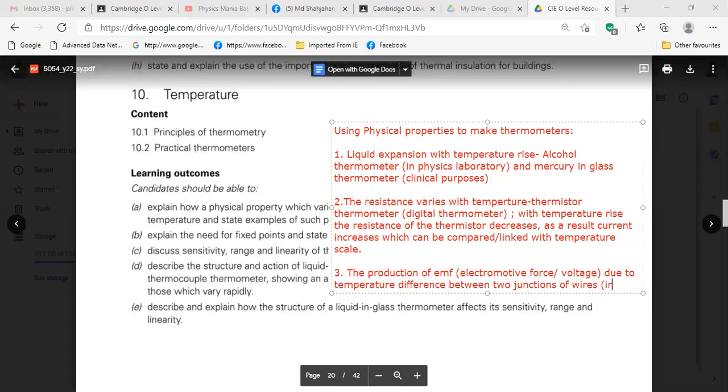You write in brackets: one wire is made from iron, another one is copper. We will show you the diagram also about this, and this one is known as thermocouple thermometer.